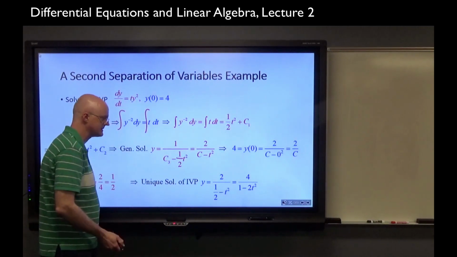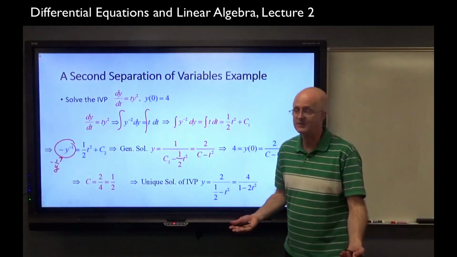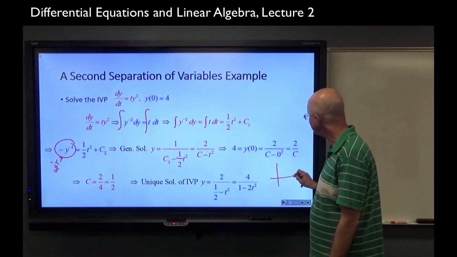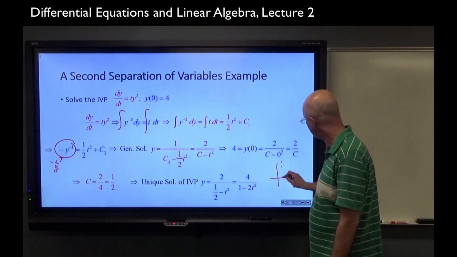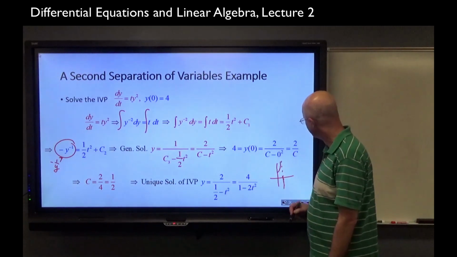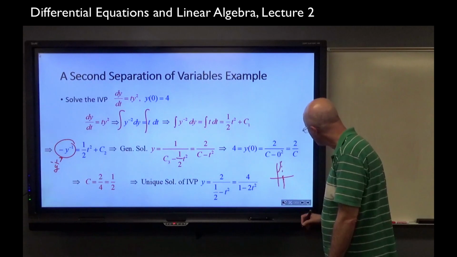Interesting thing to note here with this solution is this is actually faster growth than exponential growth. If you graph this function for positive values of t, it's got a vertical asymptote. In fact, quite quickly it reaches a vertical asymptote like that. That's supposed to be a dashed line there.